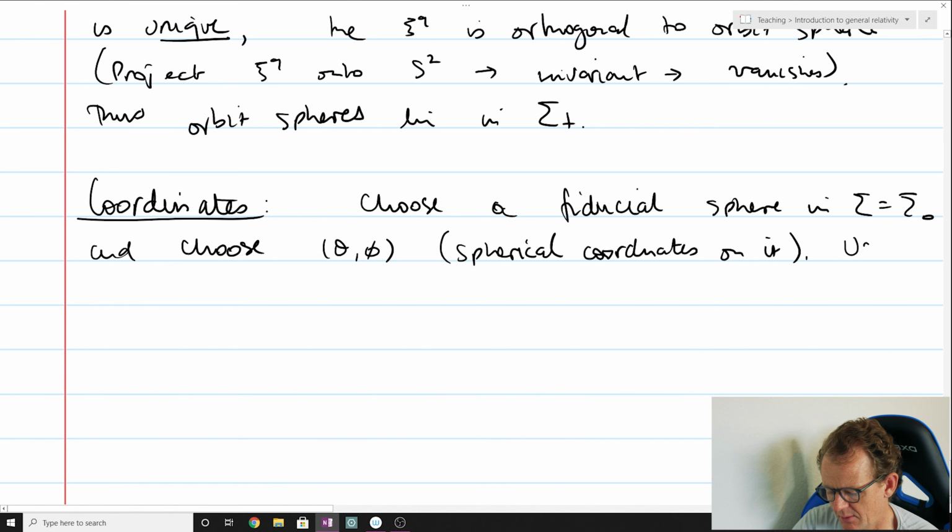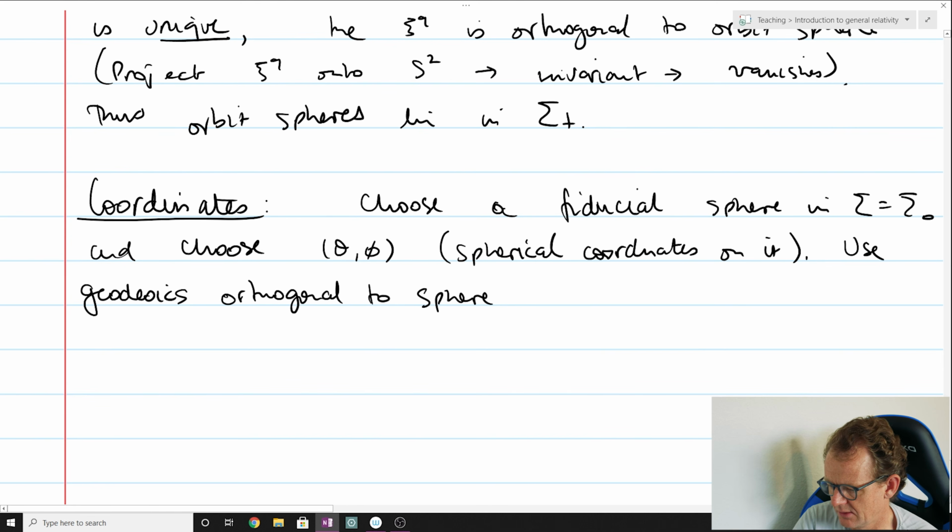And now we're going to propagate this coordinate system out to the entirety of Sigma, just as we did for homogeneous and isotropic spacetimes. We're going to take geodesics orthogonal to the sphere to carry these coordinates outwards to other spheres.